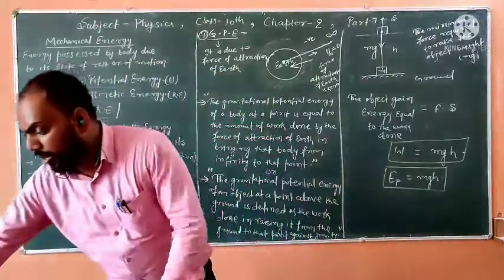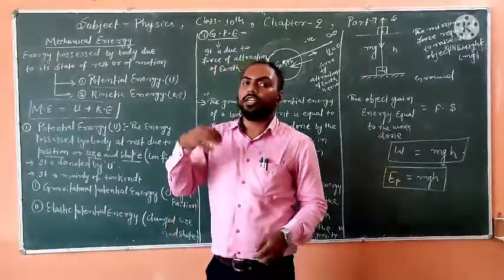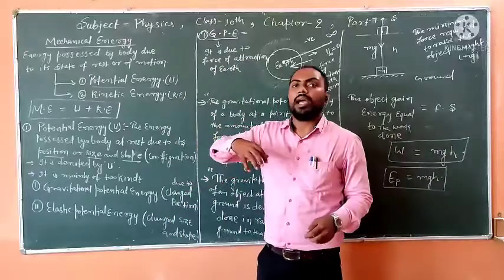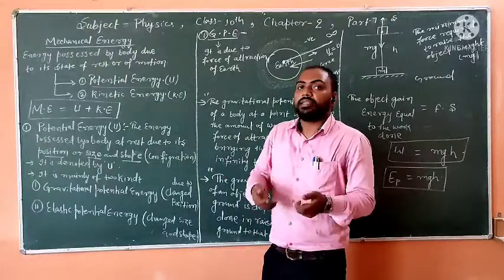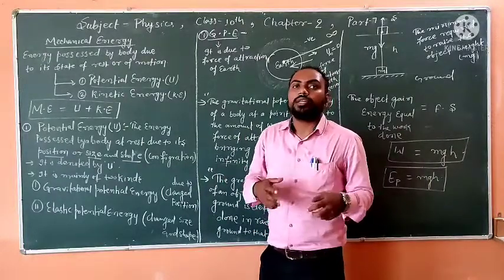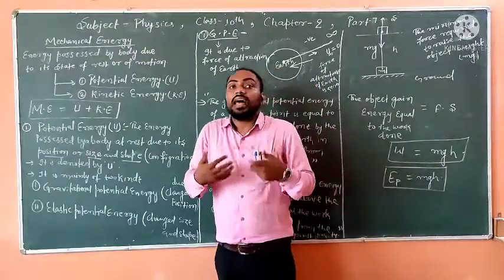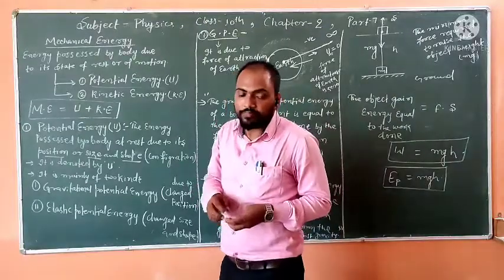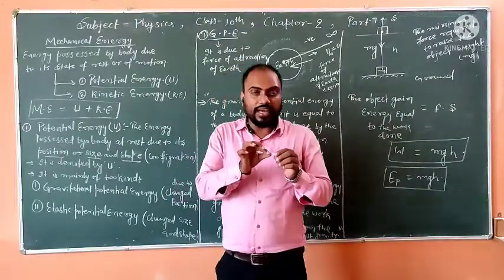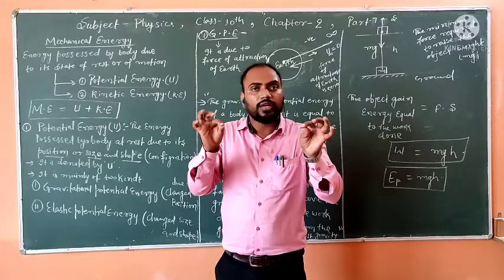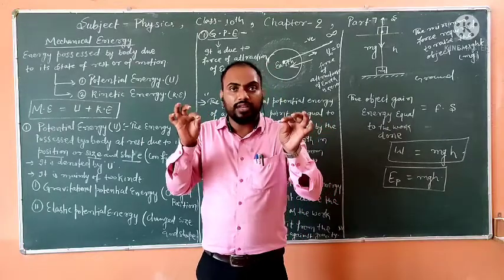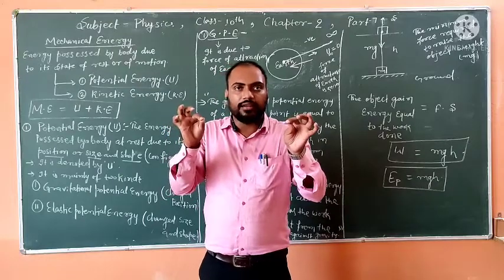When a body is deformed by an external force and it regains its shape, it is due to its elastic potential energy. When you take an elastic rubber and expand it, up to some limit you can extend it.